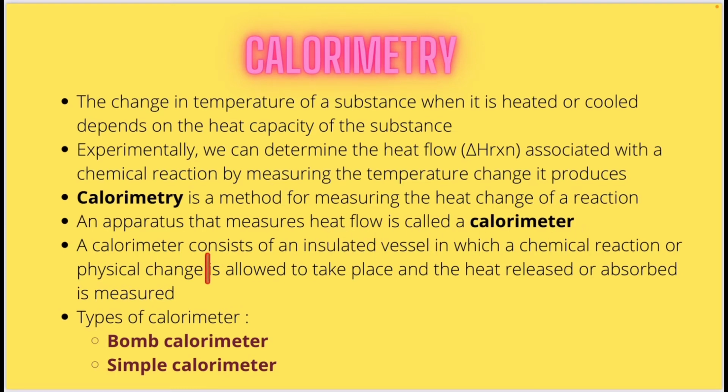A calorimeter consists of an insulated vessel in which a chemical reaction or physical change is allowed to take place and the heat released or absorbed is measured. Types of calorimeter: bomb calorimeter, simple calorimeter.